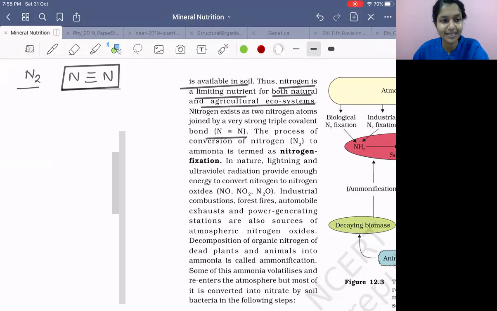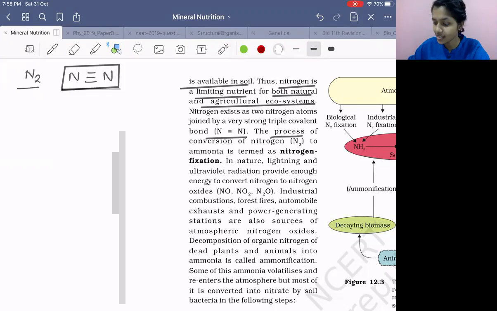It is a gas. That's why we require fixation. We want to convert it into some form that the plant is able to absorb. Convert the nitrogen into some form in such a way that the plant is able to absorb it.